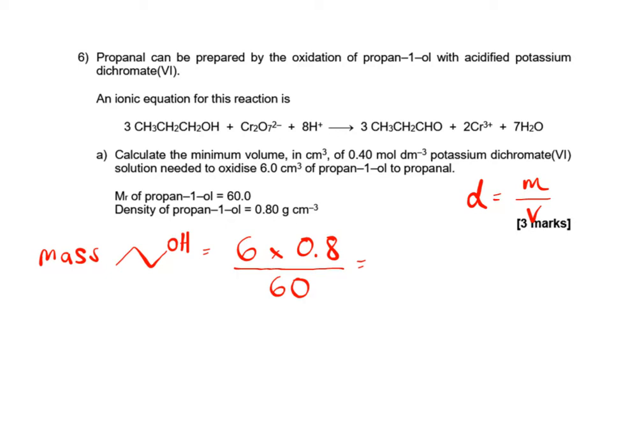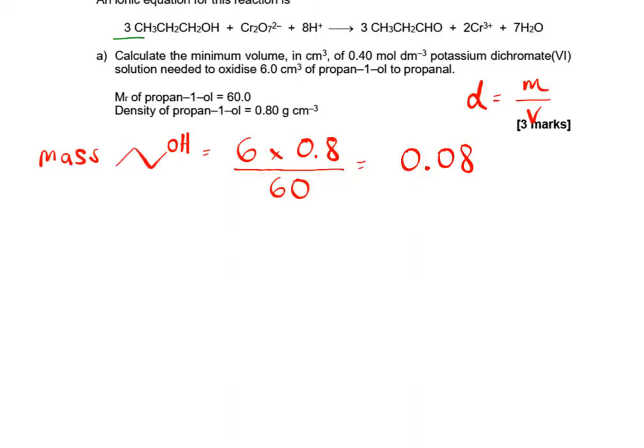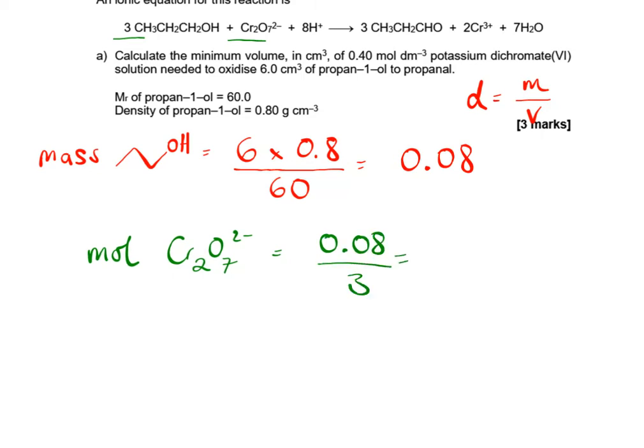From the ratio reacting, they're reacting in a 3:1 ratio, so the moles of the dichromate will be a third of that from the 3:1 ratio, which is 0.0267.